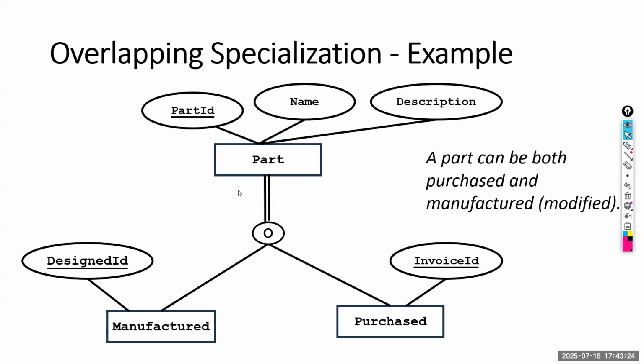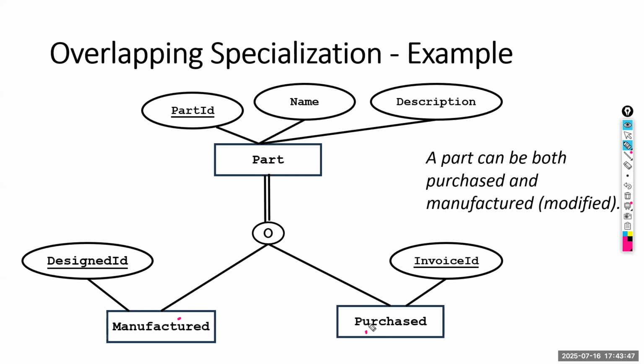That means your supertype can belong to more than one subtype. Say this is a part, say this is a factory or something. You manufacture certain things. Say that part can be manufactured or purchased or both. Manufacture means you produce.